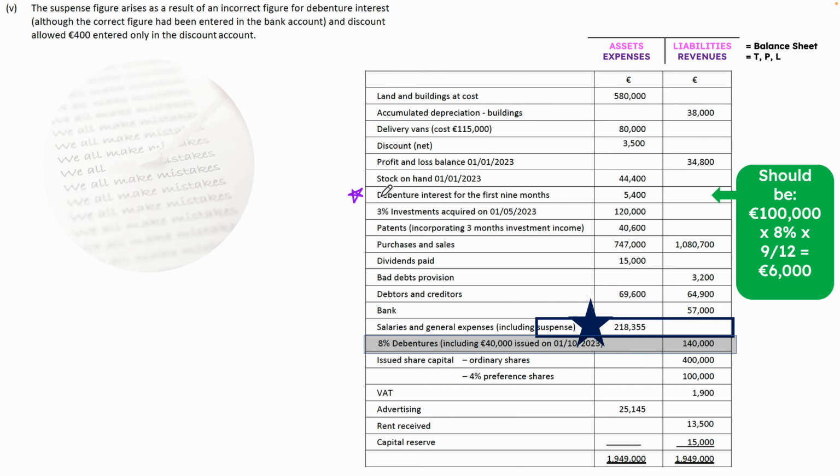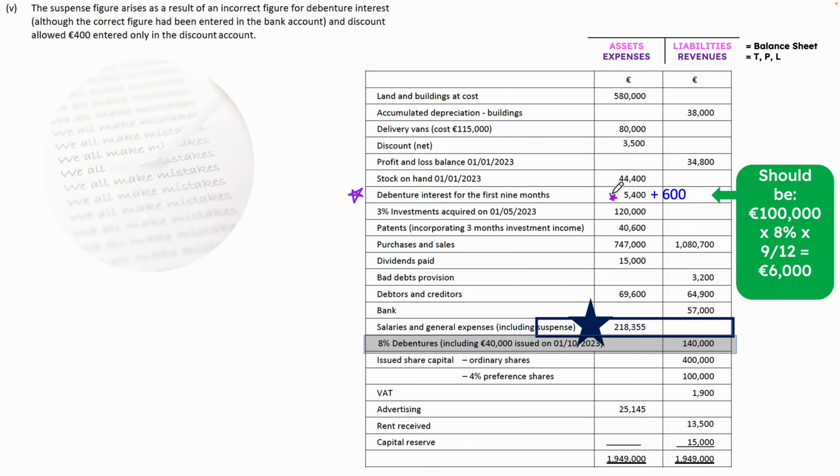Now, that should be, if I look down here at my debentures, I've got 140,000 debentures, 8% debentures, including 40,000 issued on the 1st of the 10th. So for the first 9 months, it should be 100,000, because that's what it was for the first 9 months, multiplied by 8%, multiplied by 9 over 12. And that is €6,000.